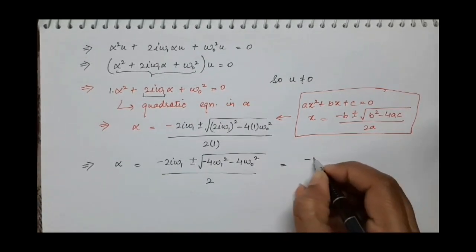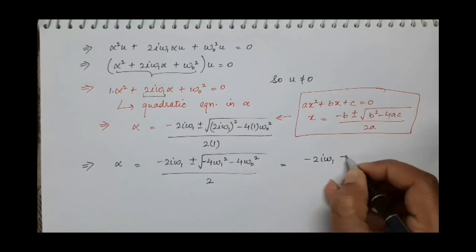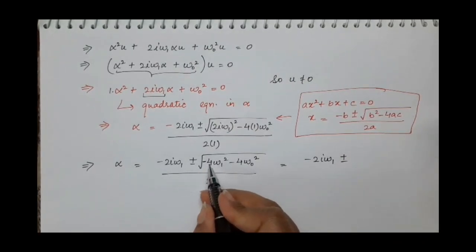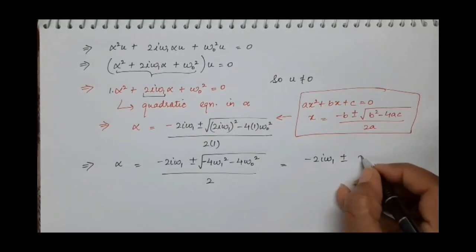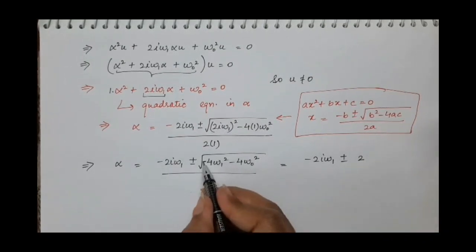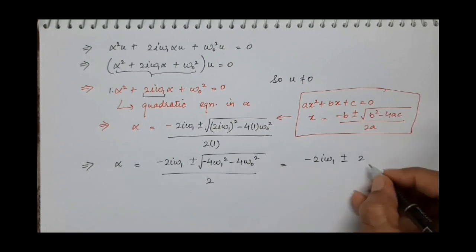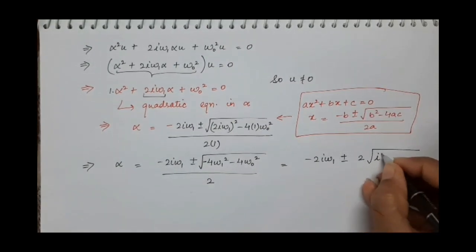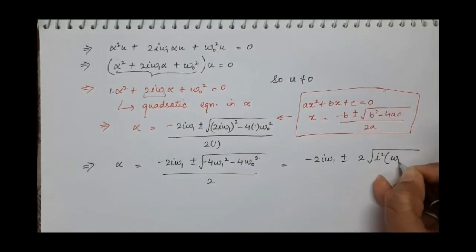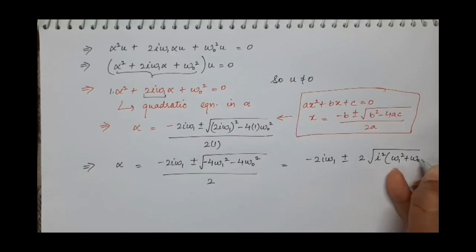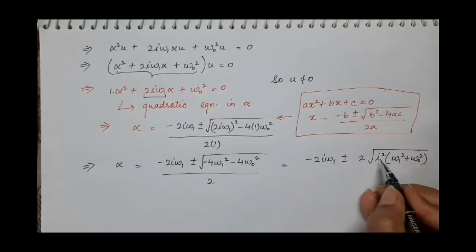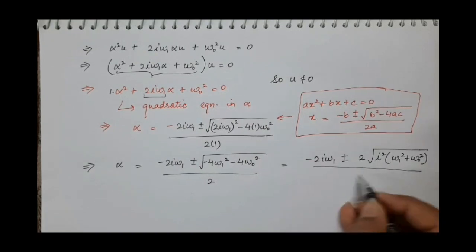So we have minus 2 iota omega 1 plus minus, when you take this 4 outside the square root, it will be 2. And when you take this minus common, we know that this minus 1 is equal to iota square, and inside the bracket we will have omega 1 square plus omega naught square. I have written down that minus 1 is equal to iota square.